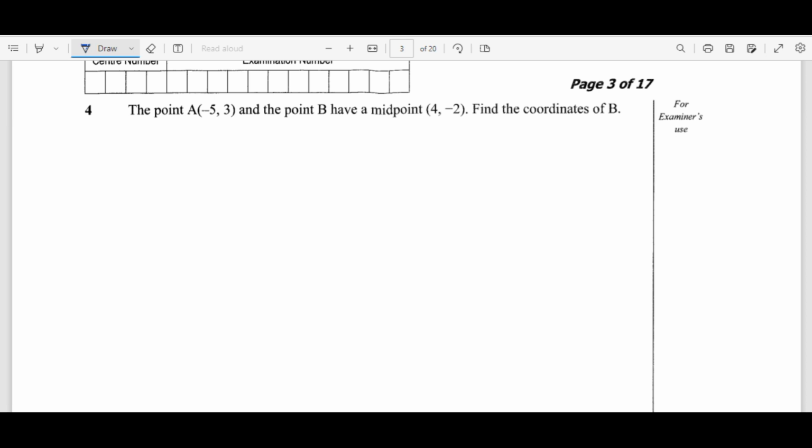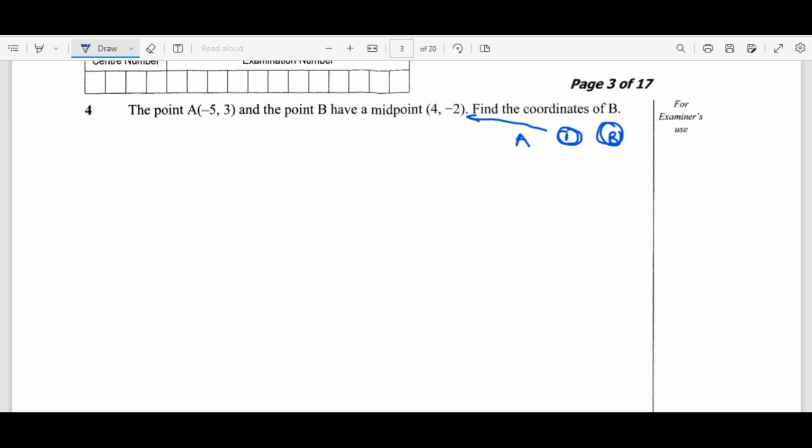What we've been given is the coordinates for A and then the midpoint. So we have A, and then B. What they've asked us is to find B, because the midpoint we have. These are the coordinates for the midpoint. Now, what are the coordinates for B? That is what we're going to find.